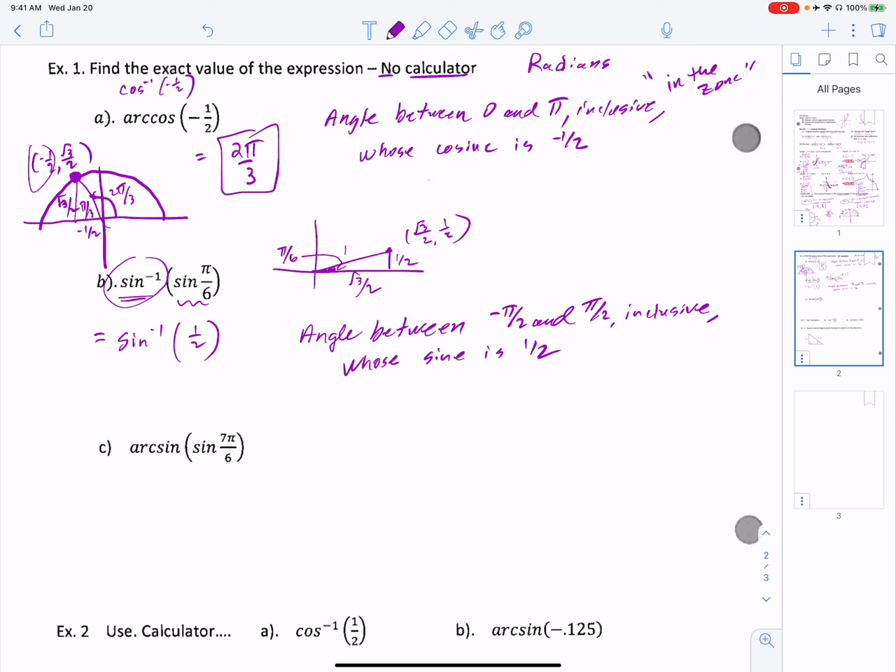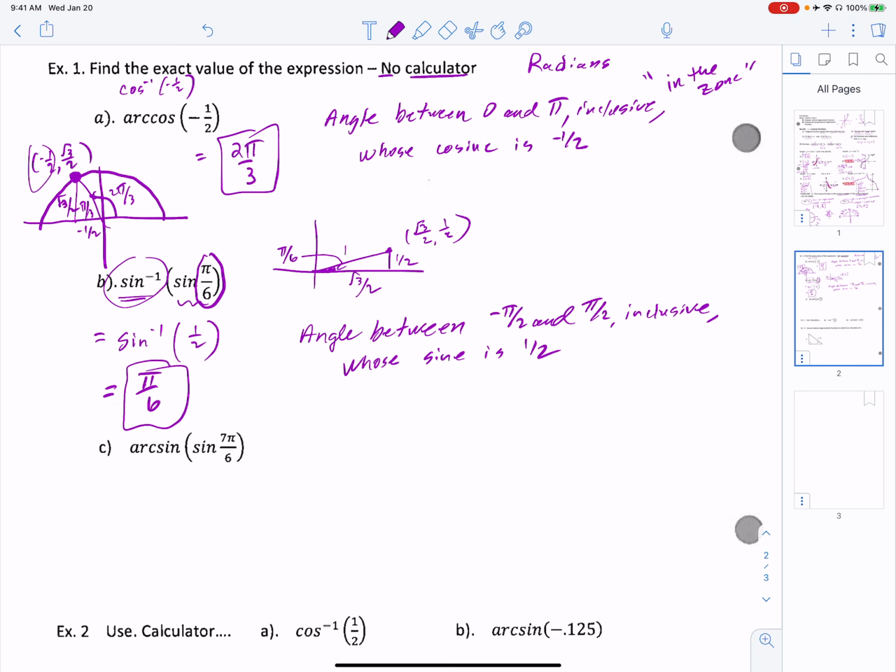Well, in this case, because pi 6 is between negative pi halves and pi halves, that is the angle. That is the answer, because pi 6 is in the zone. The sine of pi 6 gives you the 1/2, and the inverse sine of 1/2 then is going to have to be pi 6 because pi 6 is between negative pi halves and pi halves.